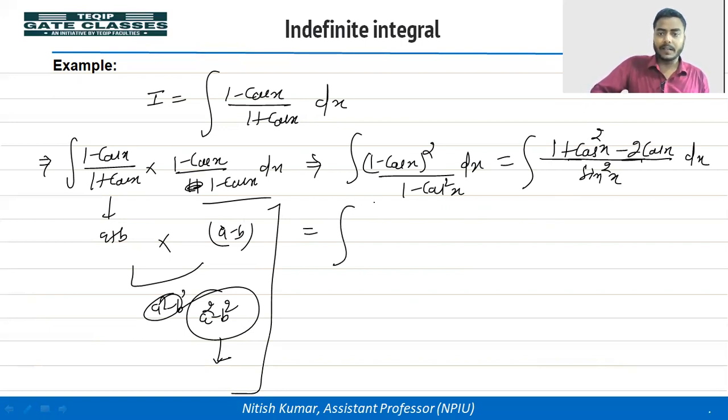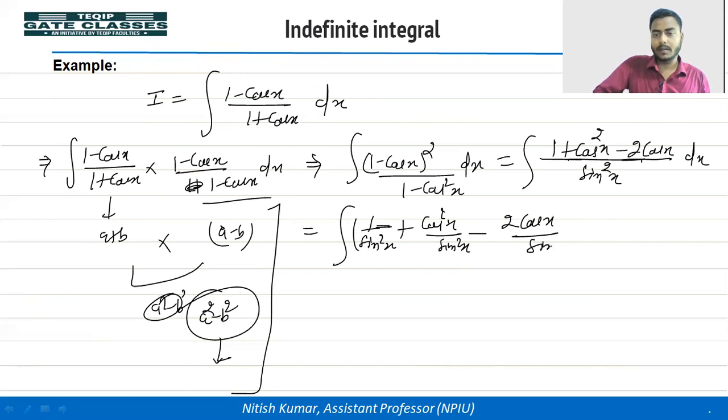Now we can divide. So we can write 1 by sin square x, plus cos square x divided by sin square x, minus 2 cos x divided by sin x times 1 by sin x, dx. We can write integration, and we can apply the second property also.